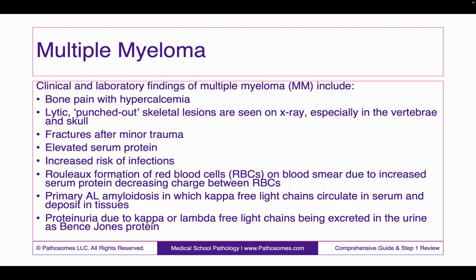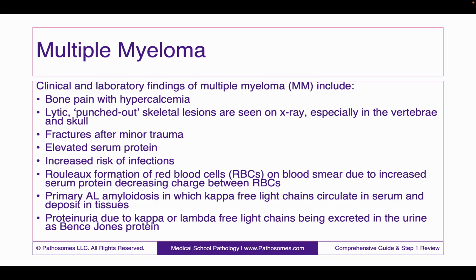These patients might experience fractures even after minor trauma, elevated serum protein, increased risk of infections due to improper immunoglobulin production. On the peripheral blood smear, there's a classic association of the red blood cells lining up in a rouleaux formation due to increased serum protein, decreasing the charge between the red blood cells.